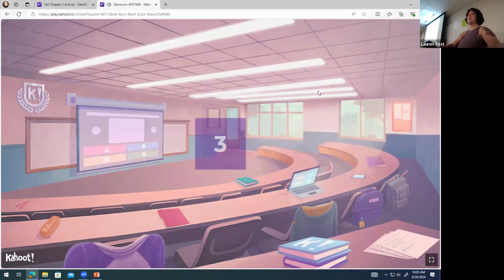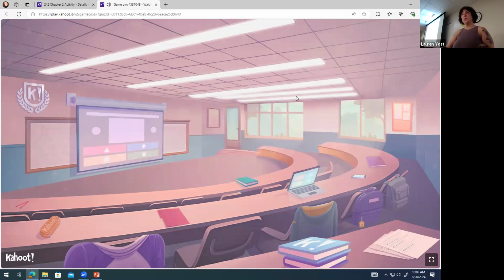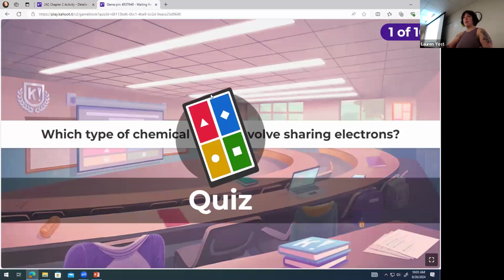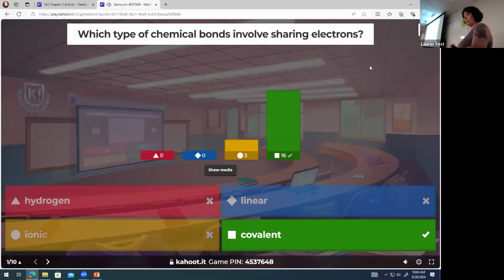Remember, chapter 2 is about chemistry review. Which type of chemical bonds involve sharing electrons? Yeah, so it's going to be covalent.